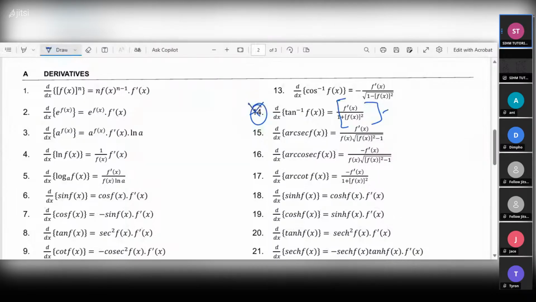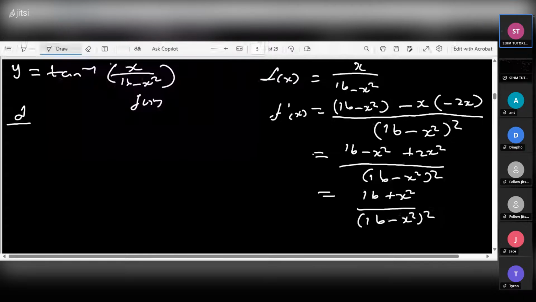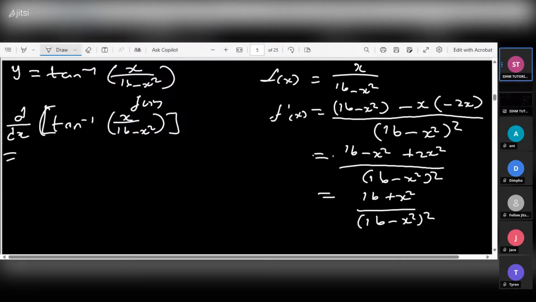the derivative of the term inverse tan of x divided by (16 minus x squared) is going to give you, remember, the first derivative: put the derivative of the function on top in the numerator, and then down there we're going to see 1 plus the square of the function.